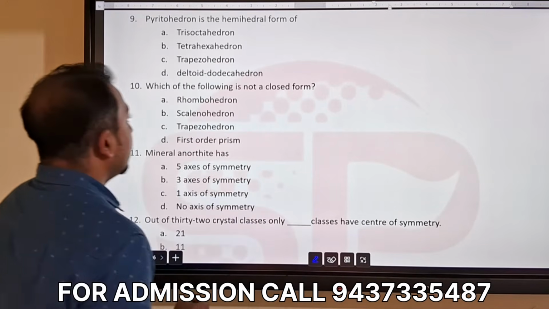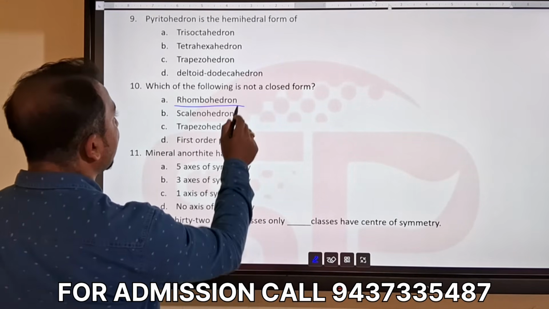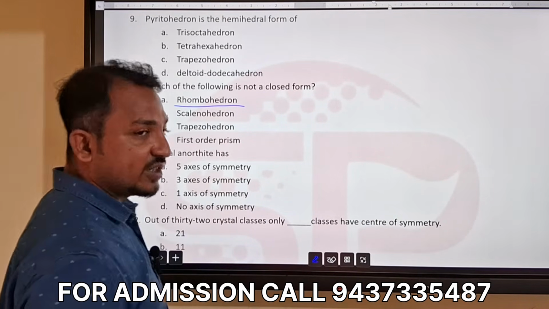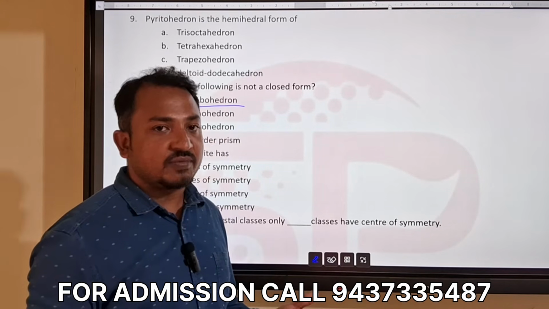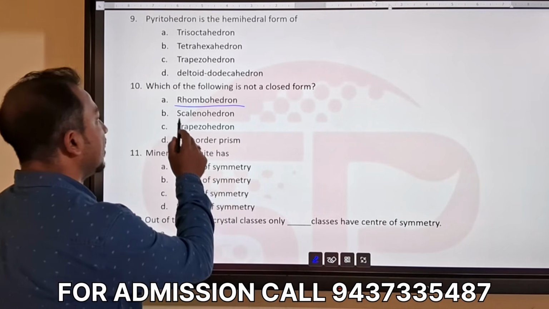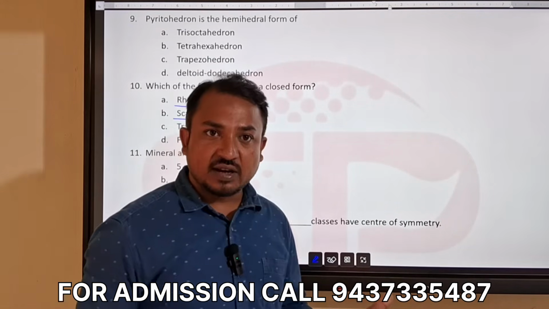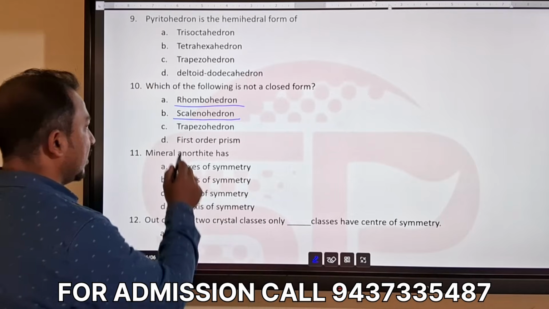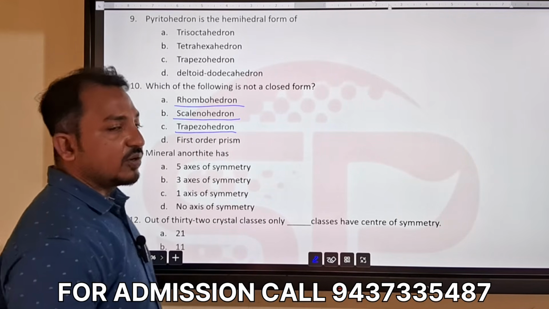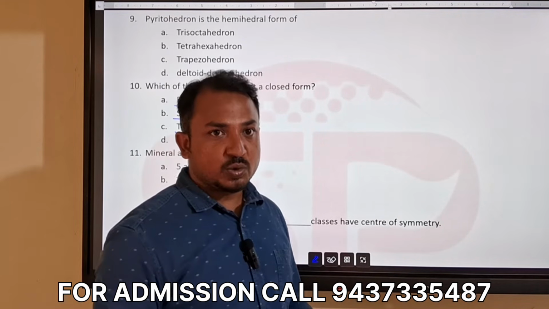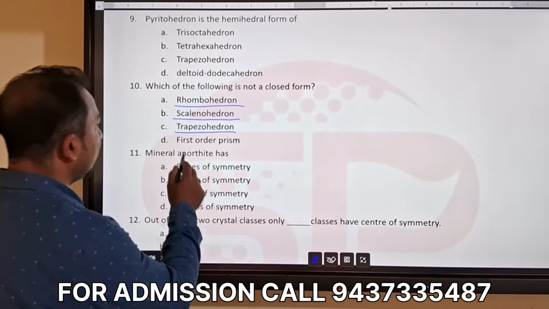So we'll see rhombohedron, which consists of 6 rhombus-shaped faces, which is a closed form. Scalenohedron consists of 8 or 12 faces, all scalene triangles, it is also a closed form. Trapezohedron belongs to the isometric system, so it is a closed form. Then first order prism.